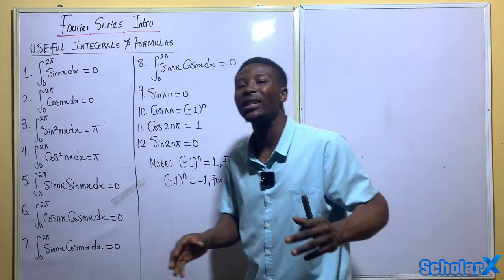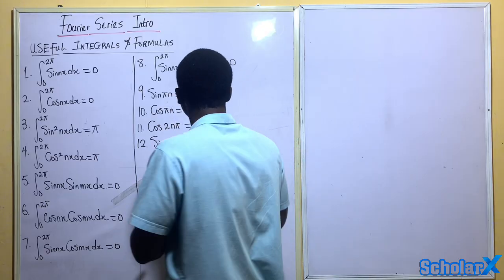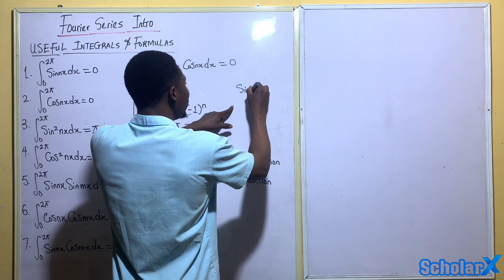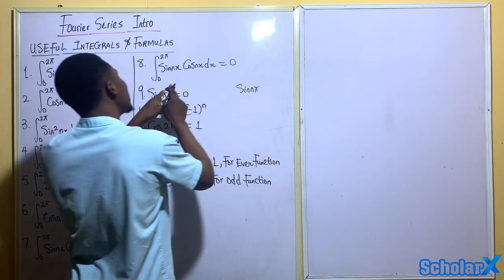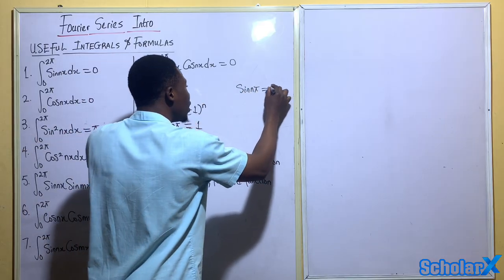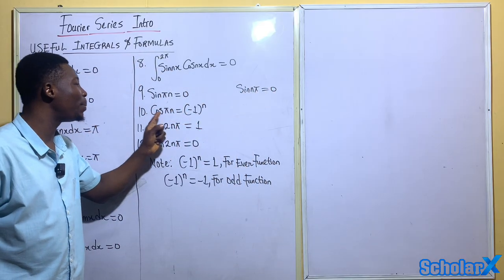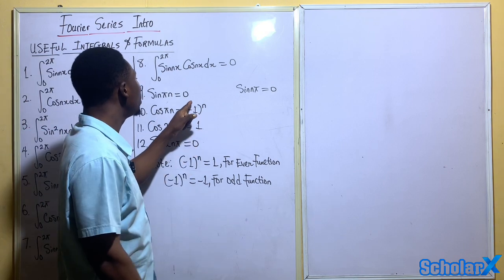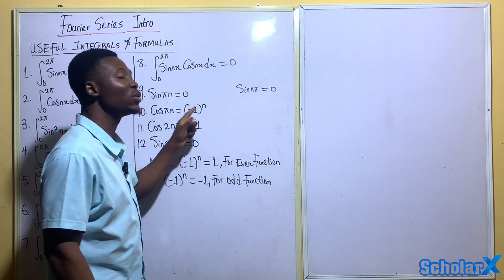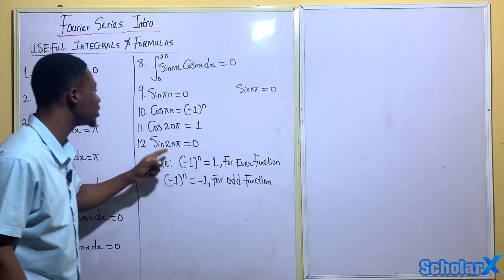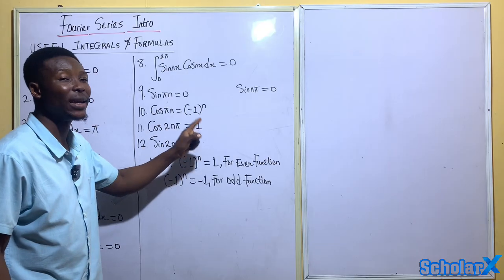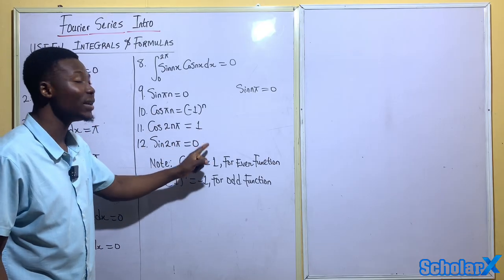Also note that sine pi n, which can also be written as sine n pi, is equal to 0. Some people write it as sine n pi, some as sine pi n. Cos pi n is equal to minus 1 to the power of n. Take note of this. Then cos 2n pi is 1, and sine 2n pi is 0.